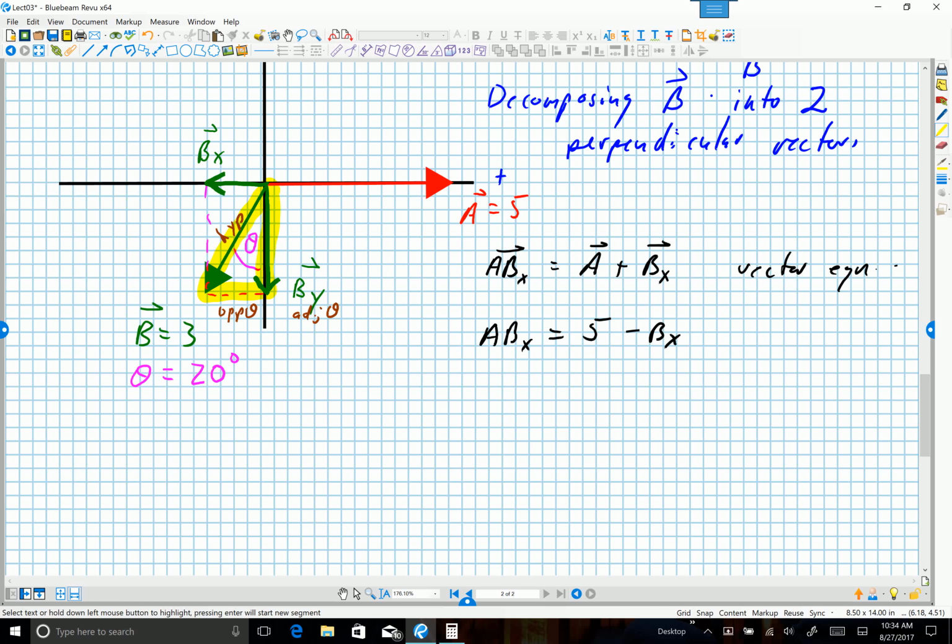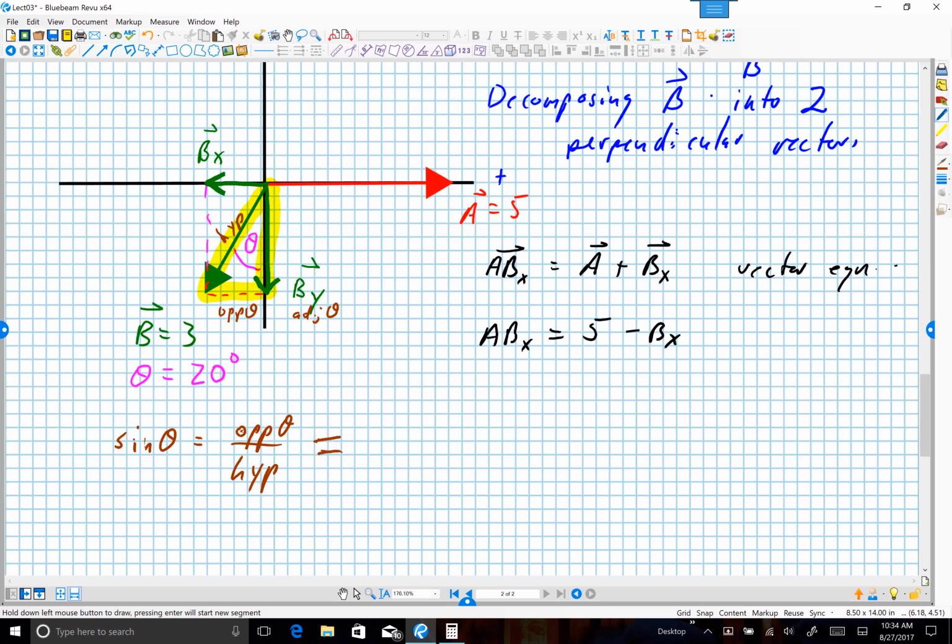And the reason I rewrite the names is because now I remember the trig rules that I had, the SOHCAHTOA. So I'm trying to figure out bx. So I need something with opposite theta in it. So let me take sine of theta. Sine of theta is opposite theta over hypotenuse.